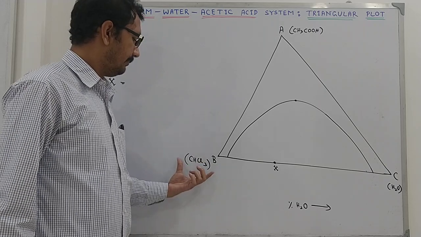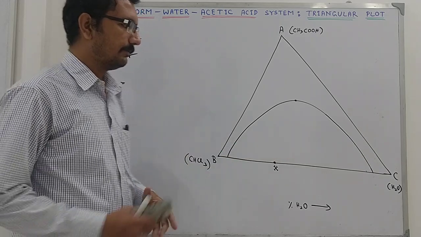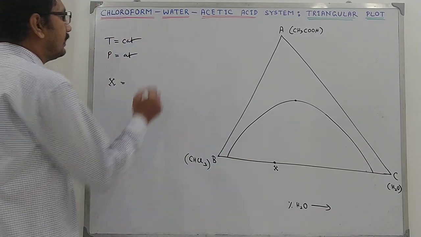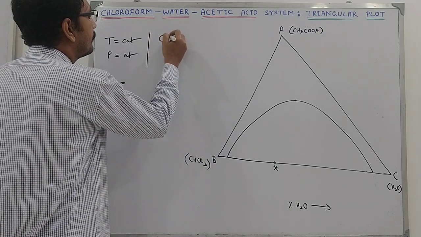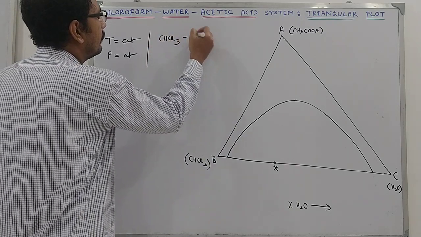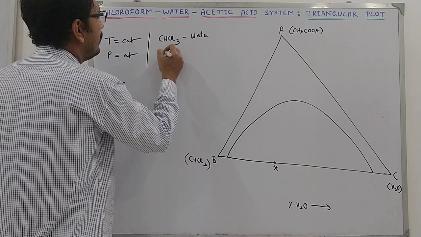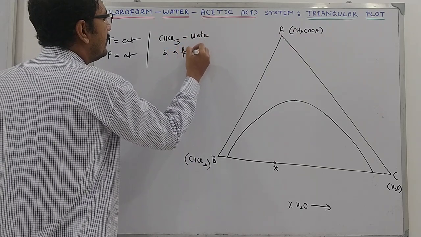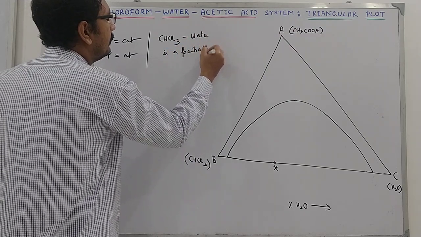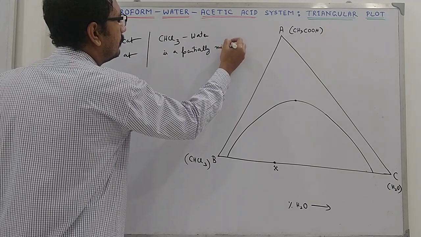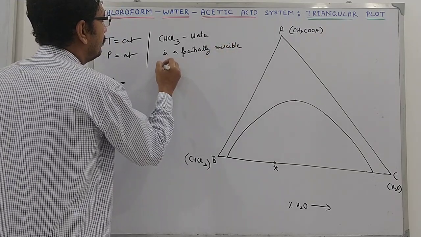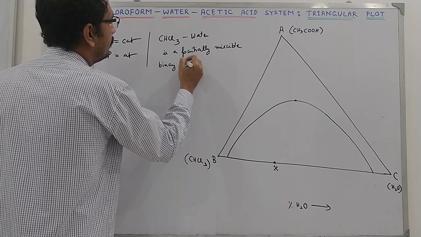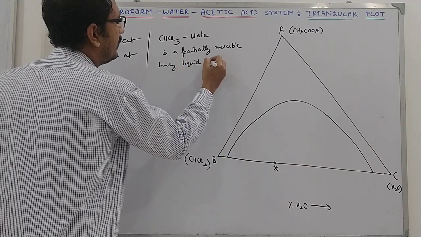So what we will have? We will have chloroform and water. Now chloroform and water is a partially miscible binary liquid mixture.